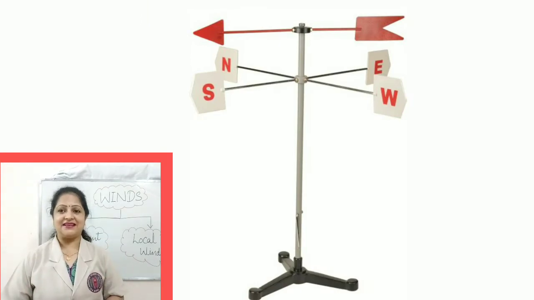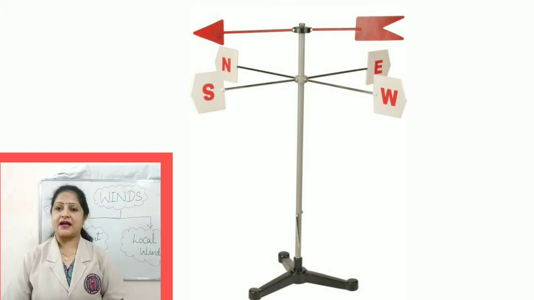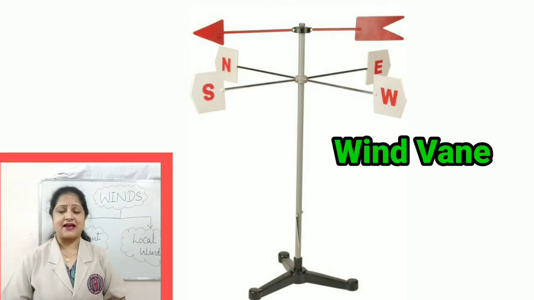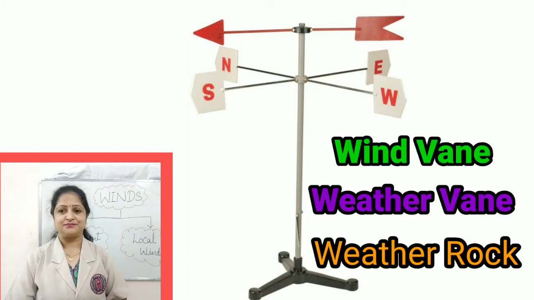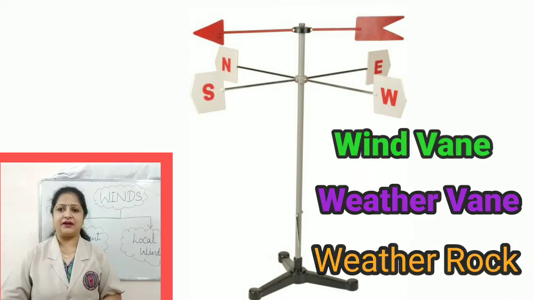The direction of these horizontal moving winds is recorded by an instrument called wind vane. It is also known as weather vane or weather rock. It is typically used as an architectural ornament at the highest point of a building.